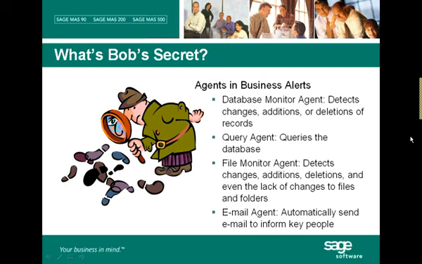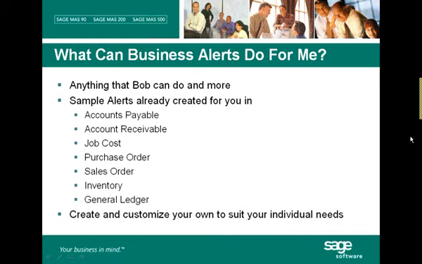The query agent queries the database for certain conditions, such as stockouts or customers over the credit limit. The file monitor agent detects changes, additions, deletions, and even a lack of changes to files and folders. It's similar to the database monitor, except this is on a file level instead of on a record level. The email agent automatically sends email to inform key people.